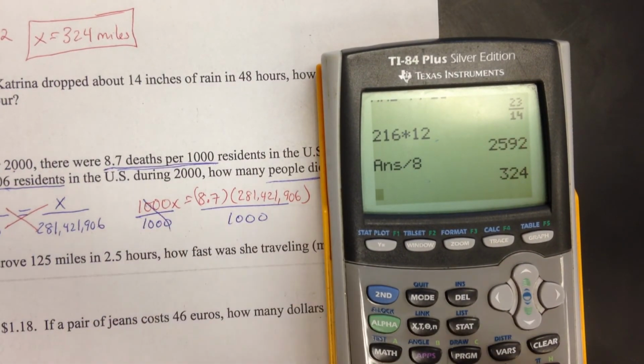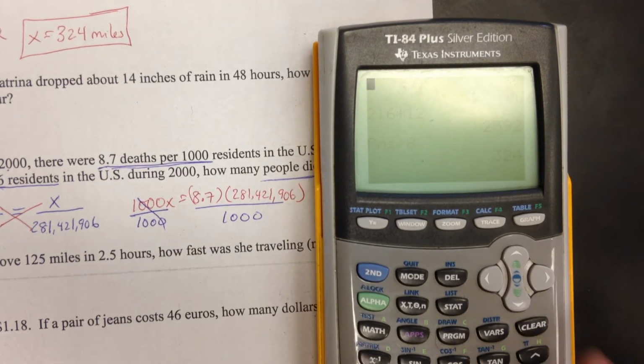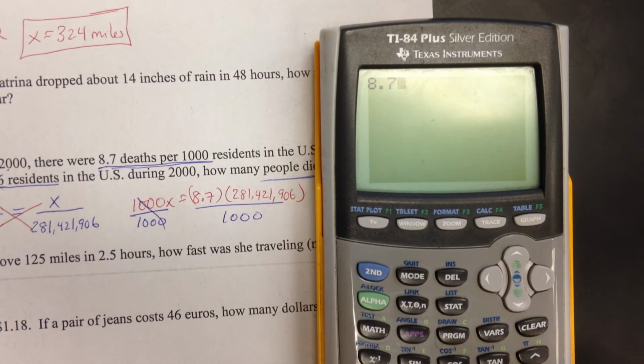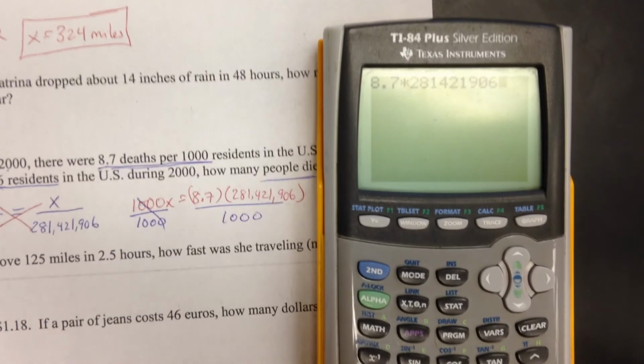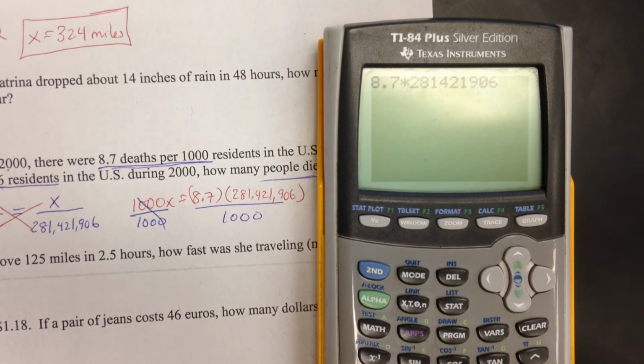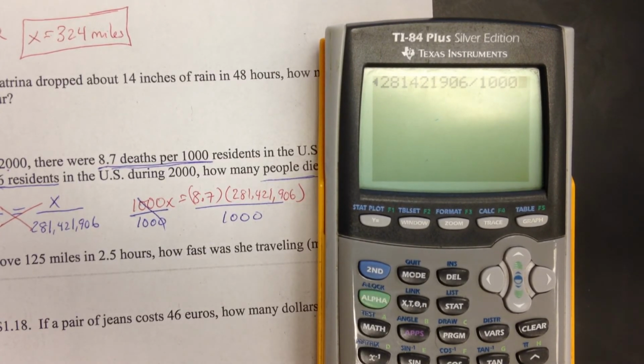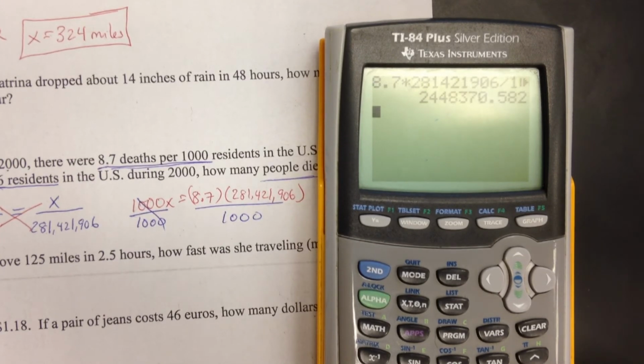Okay, so what's going to happen is we'll do 8.7 times 281,421,906. Make sure you type those correctly. And then we're going to divide by 1,000. So we'll do all the calculations at one time.